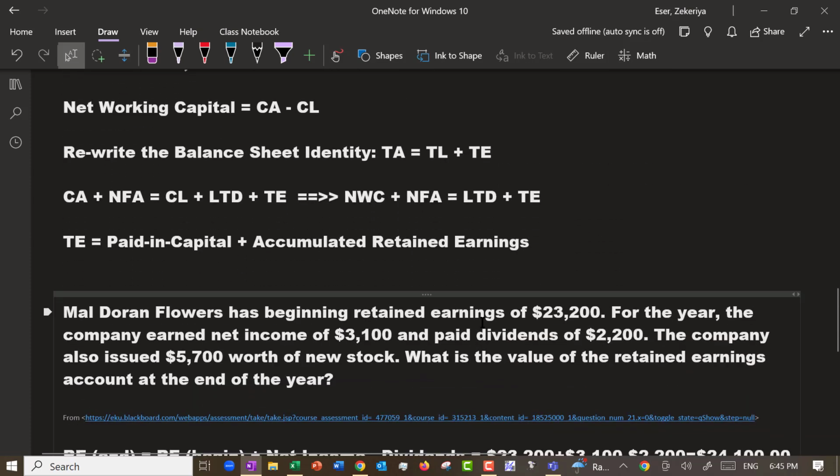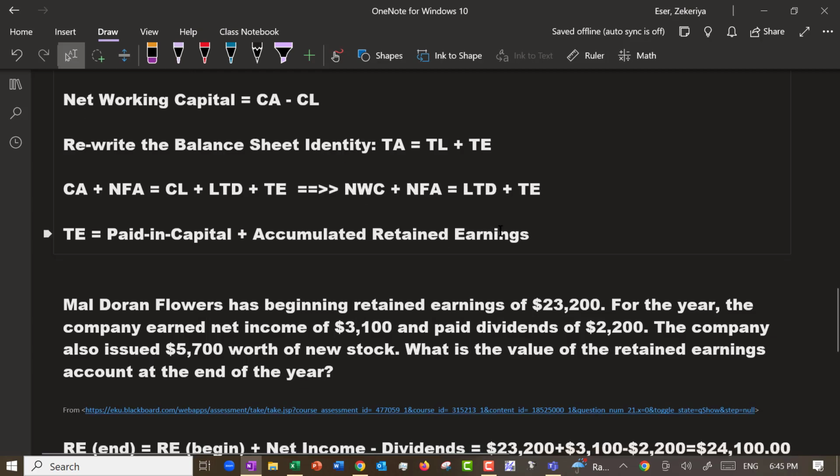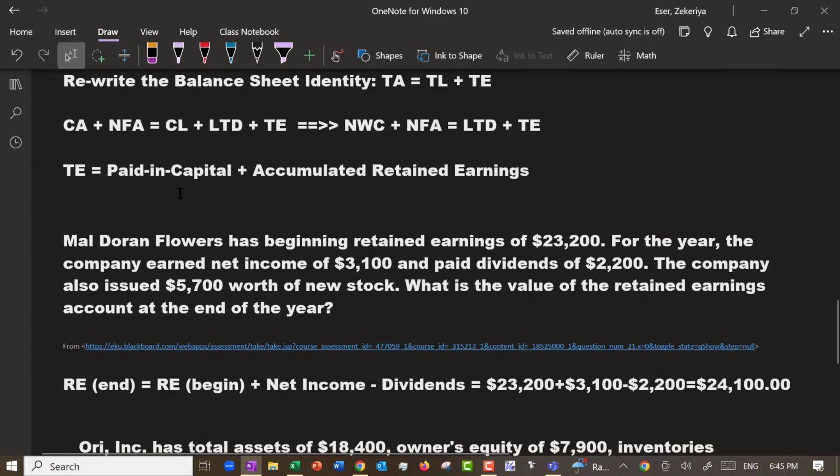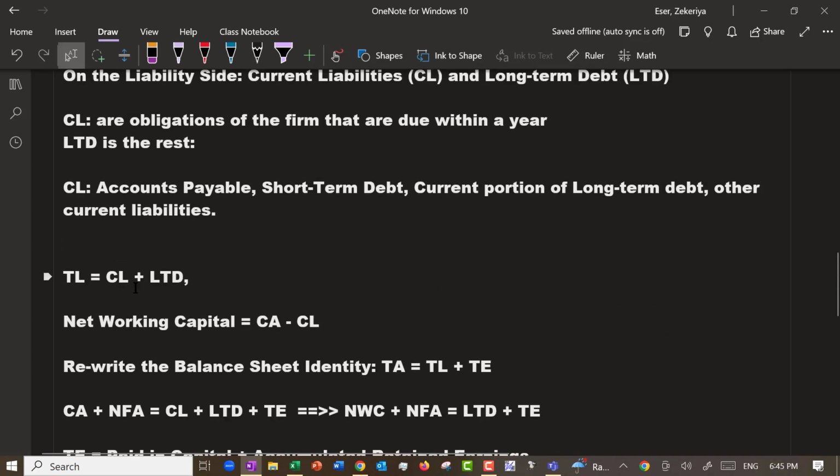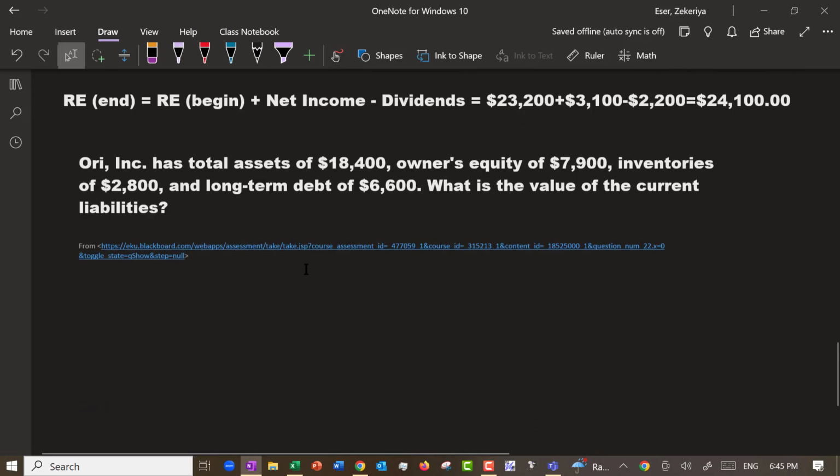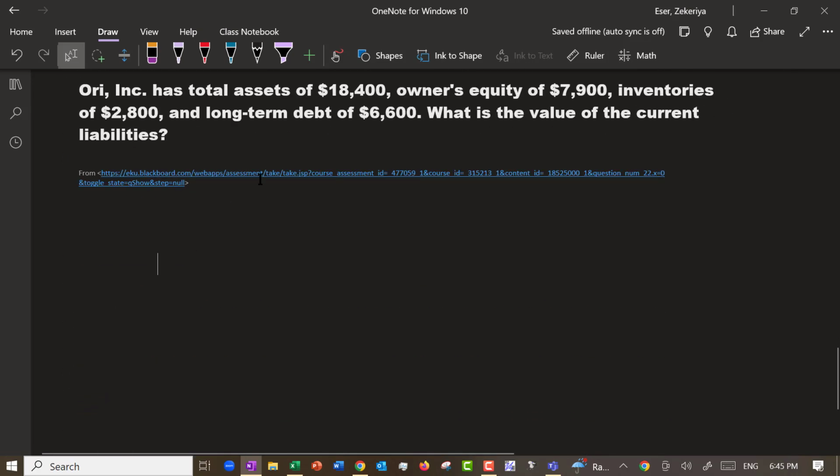You know, the basic accounting identity is there, right? Total assets equals total liabilities plus owner's equity. And total liabilities are current plus long-term debt. And we're given total assets, okay? I know that must equal total liabilities plus total equity.